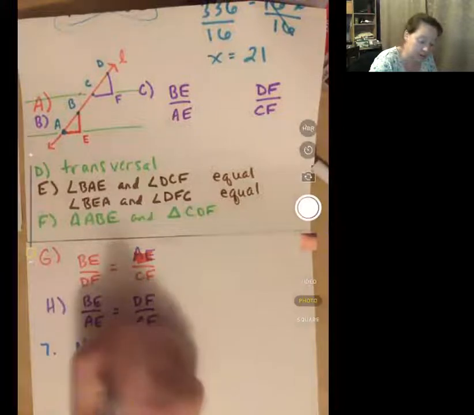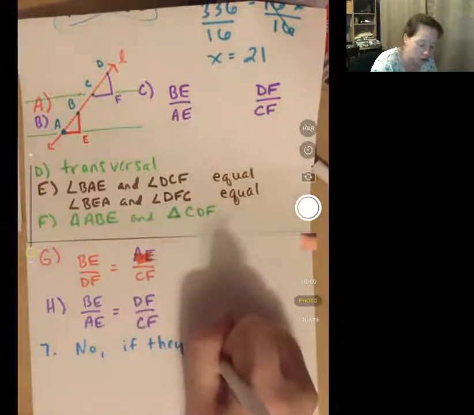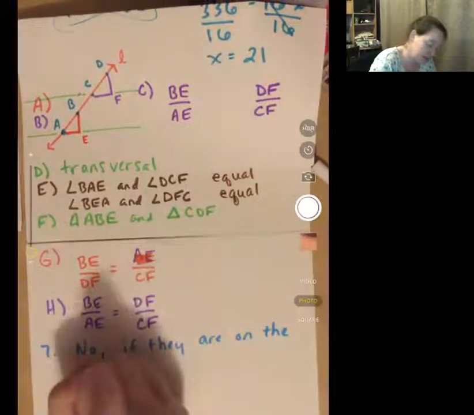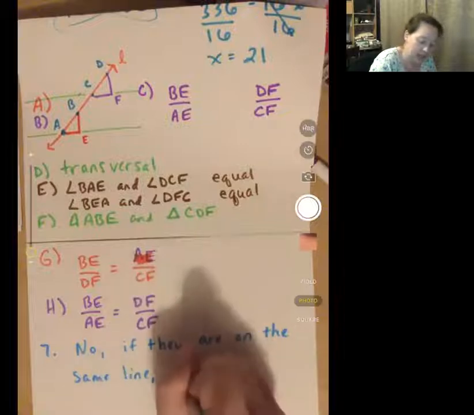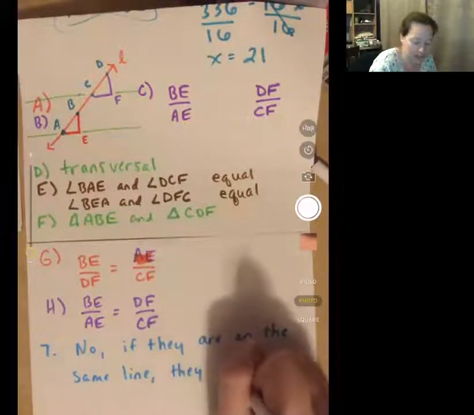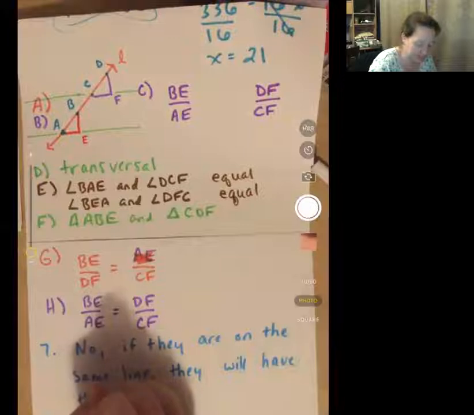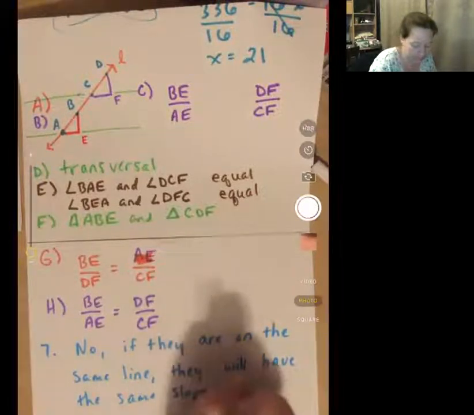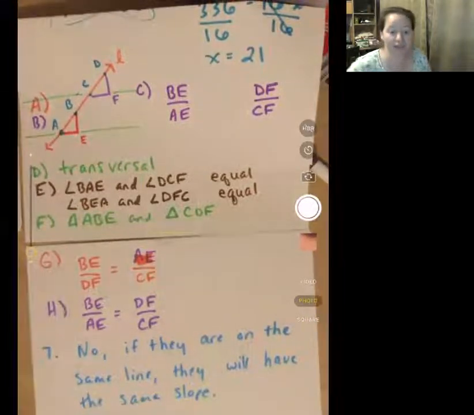No. If they are on the same line, they will have the same slope.